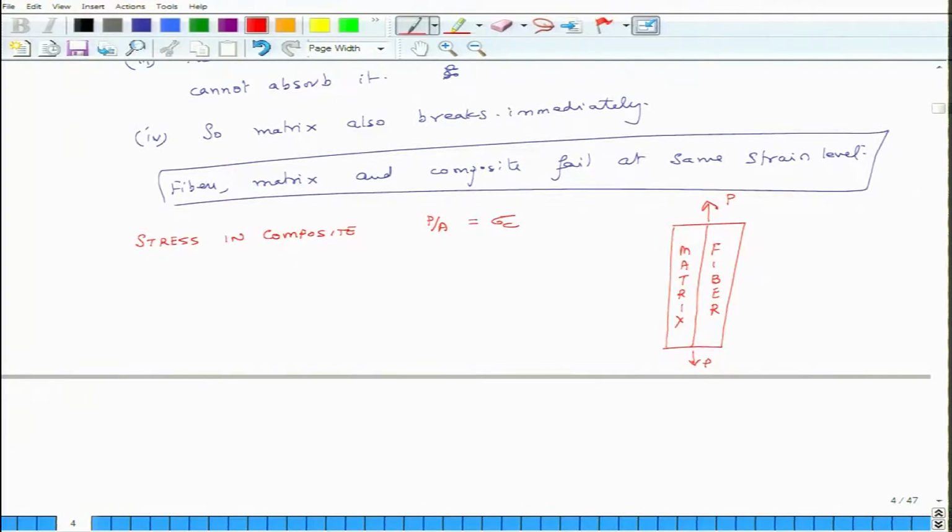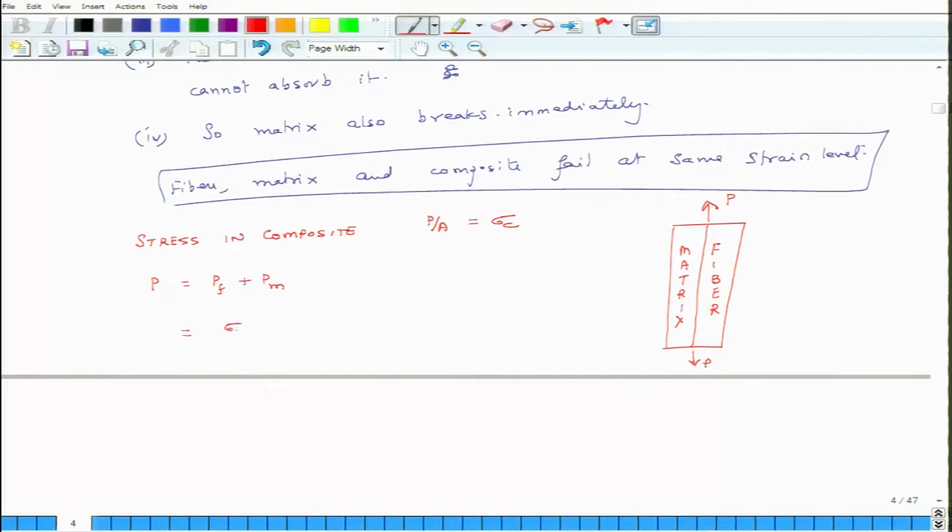So, just a little prior to breakage, just at the point of breakage, P, which is the external load, will be the load shared by fibers plus the load shared by matrix, right. Now, what is the load shared by fiber?